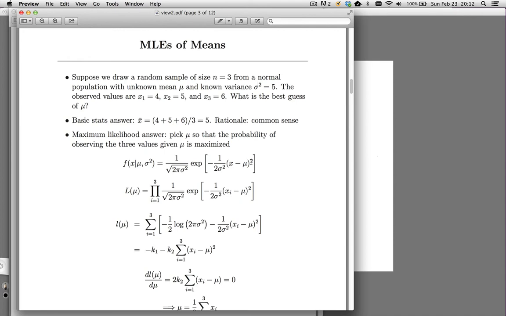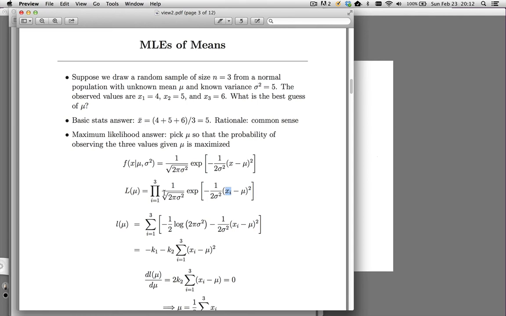Now, we need to start by writing the likelihood for the data. So since our observations are independent of one another, I'm going to multiply. So, we're going to multiply this PDF 3 times, substituting in different values of xi. So the only difference between this PDF and this likelihood is I now have an xi and I'm going to take the product.